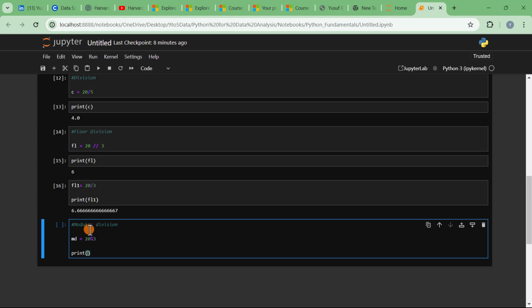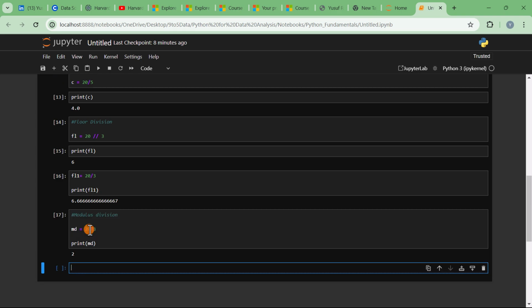We should see a different result from the type of division we have been doing. What this modulus division has given us is the remainder after the division. After dividing 20 by 3, we get 6 and we have 2 remaining. 6 multiplied by 3 gives us 18, and if you subtract that from 20, we have a value of 2. So it gives us the remainder we have when we have done our division. That is what modulus division does.